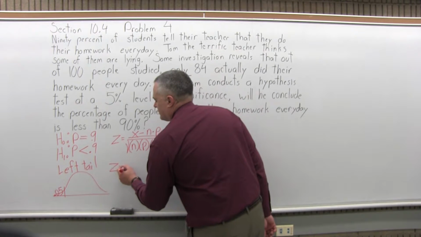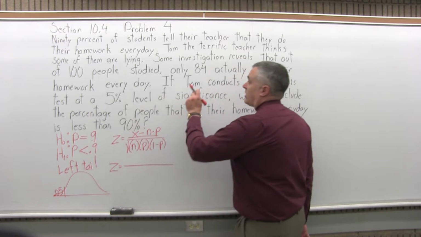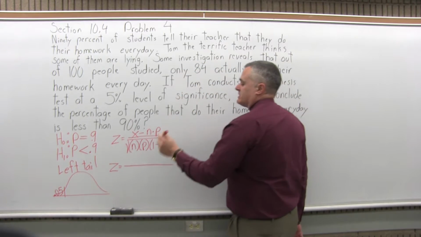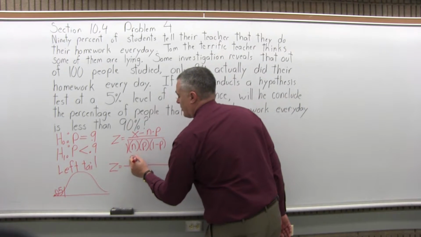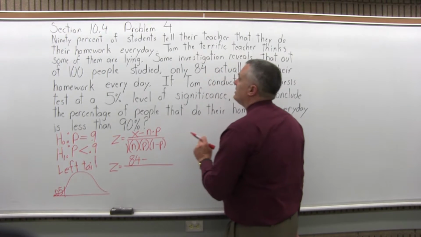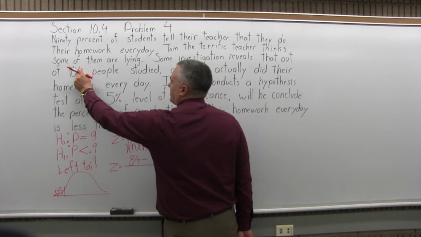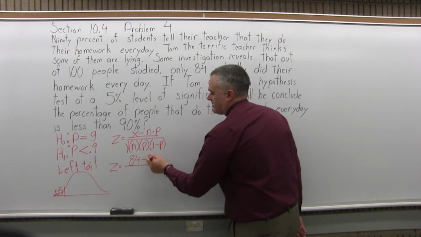We'll have z equals x. Your observed number of successes for this problem is 84. There were 84 students that they found were actually doing their homework every night. It'll be minus n, the size of your sample. The question says there were 100 people studied, so that's the size of the sample, n equals 100.